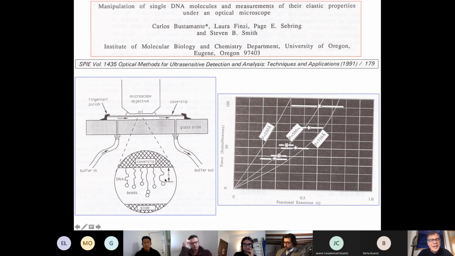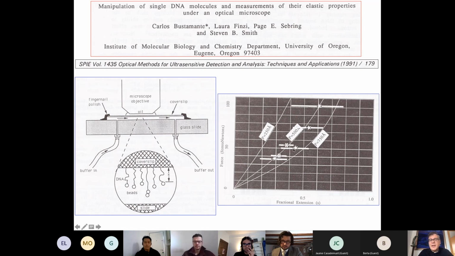So by changing the density of the beads, he was able to control, let's say, the Archimedes, the sinking force, the sedimentation force of this bead in water, and by changing the size, but especially the density, you could exert different forces, and therefore you could put a few points in this plot of force versus extension.